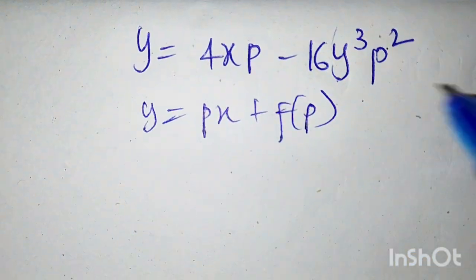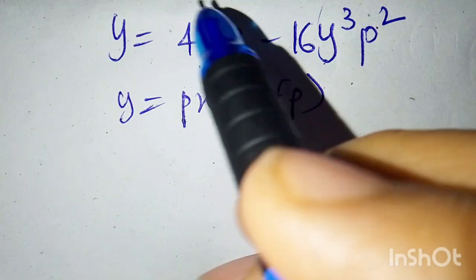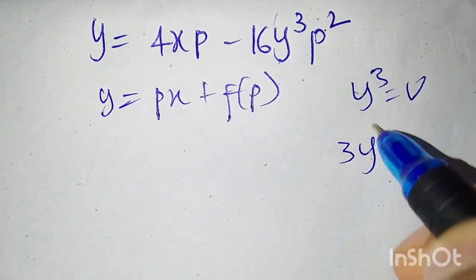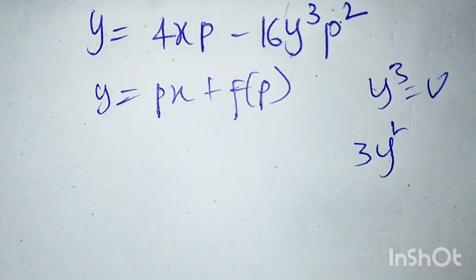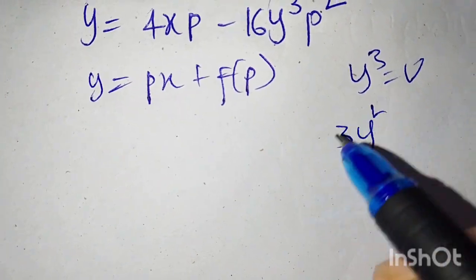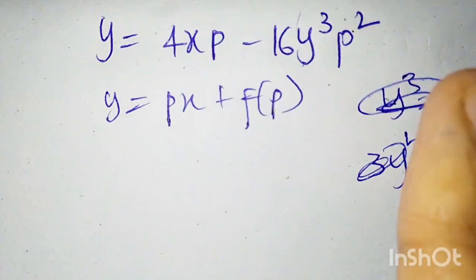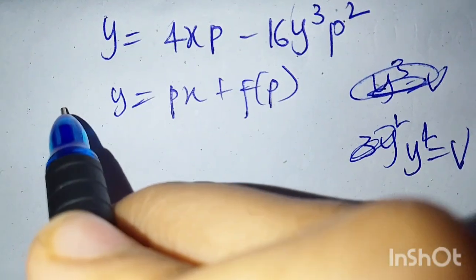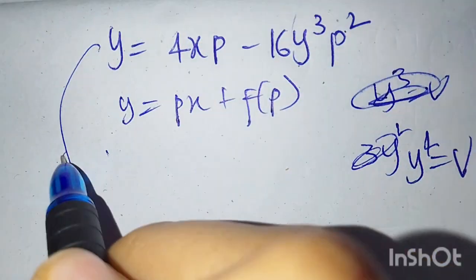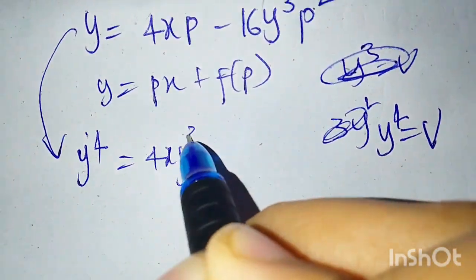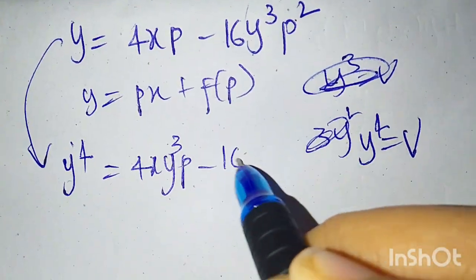So see, if I put y cube is equal to v, I'll get 3y square. I want the 4 also to get eliminated, no? Therefore, I'll put y power 4 as v. So I'll multiply here with y cube. So this will become y power 4 equals 4x y cube p minus 16 y power 6 p square.